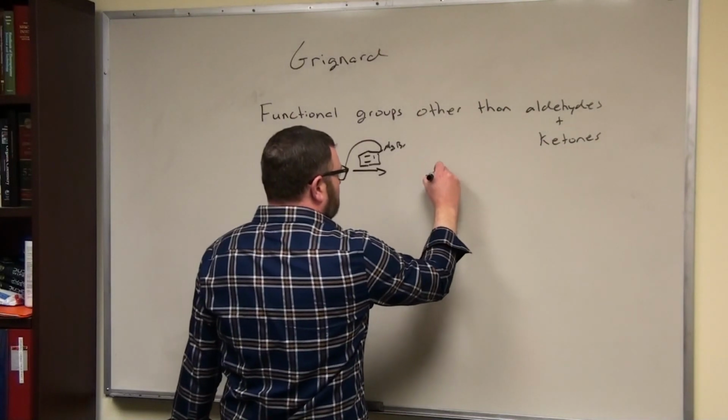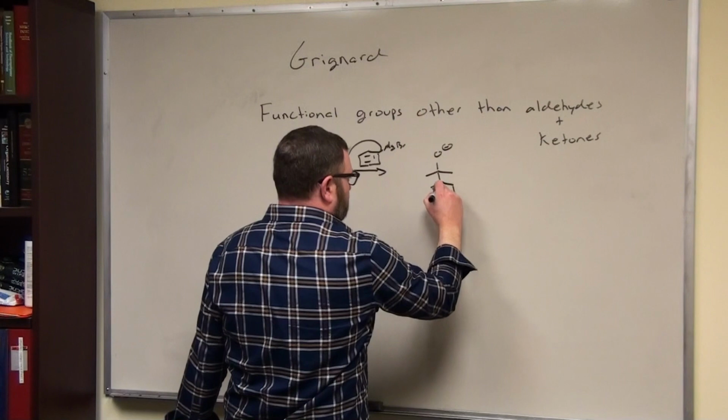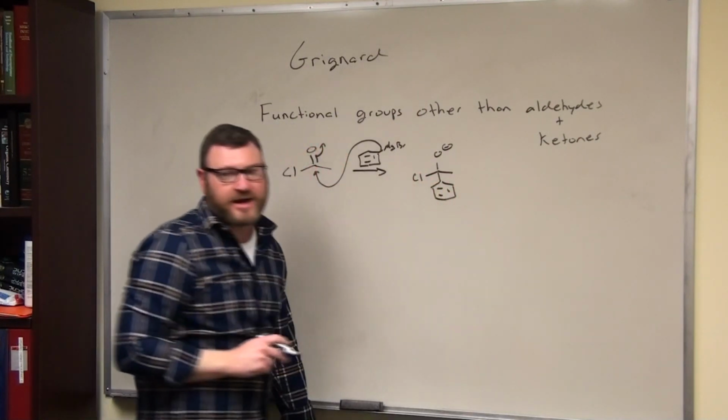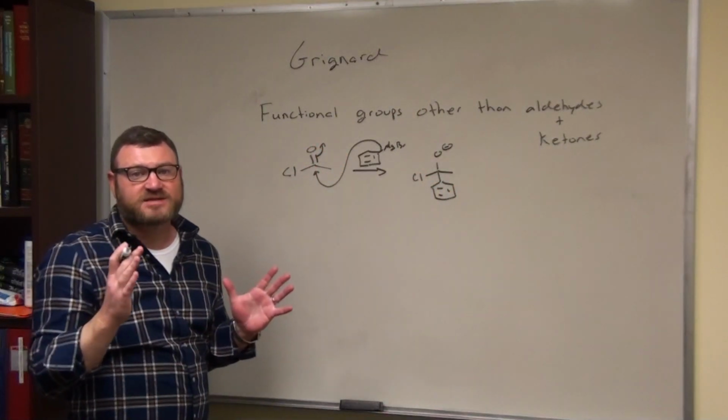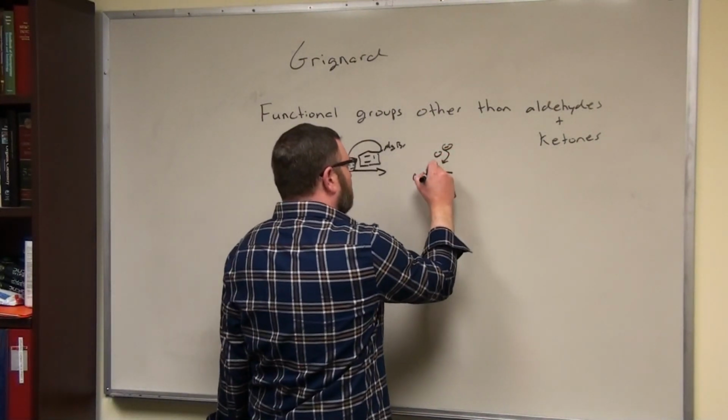And so now I have this intermediate, but attached to this I have a leaving group that's here. So these can kick down and kick this out.